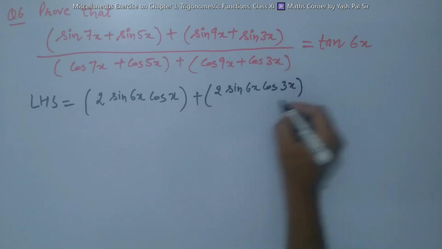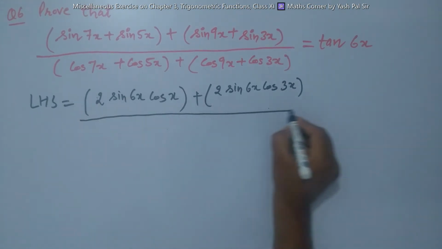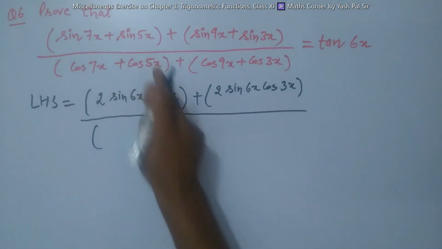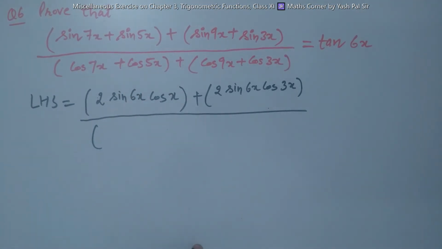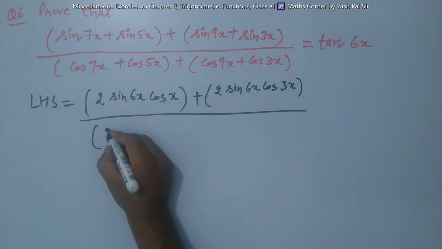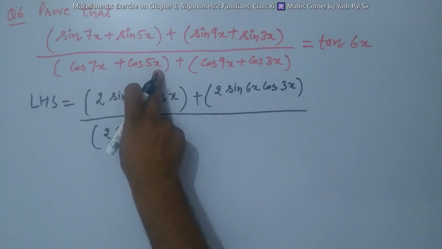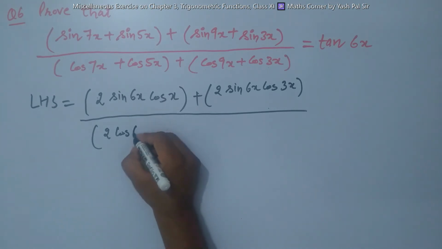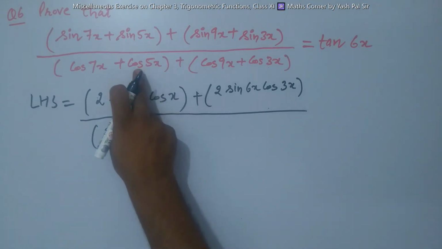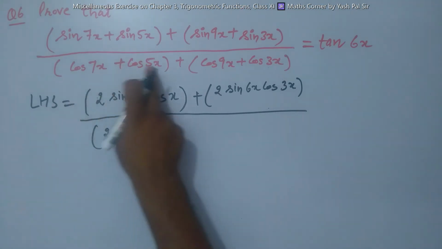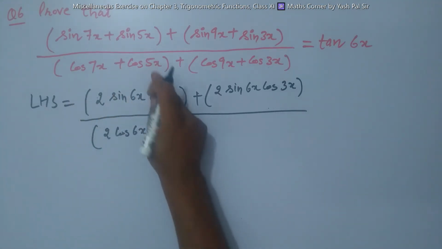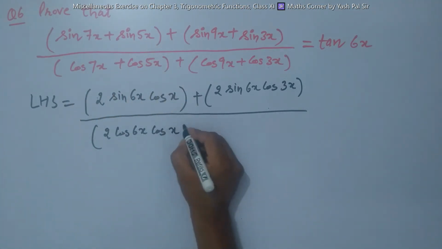Similarly, in the denominator, we use cos c plus cos d, which is equal to 2 cos (c plus d)/2, 7 plus 5, 12 upon 2, 6x, into cos (c minus d)/2, 7 minus 5 is 2, 2 upon 2, 1x.